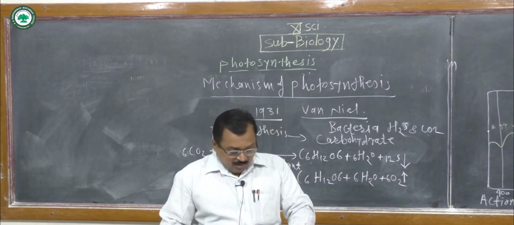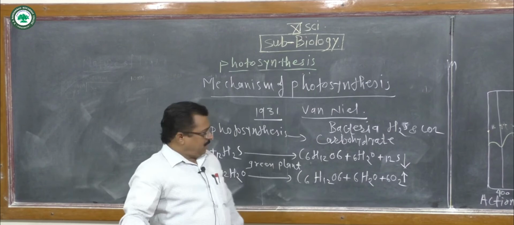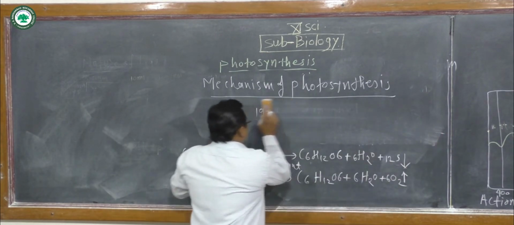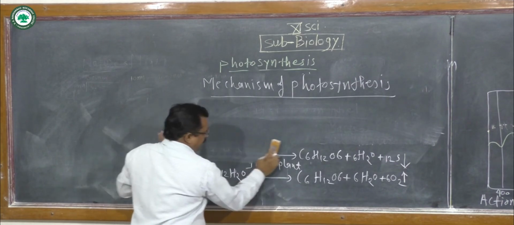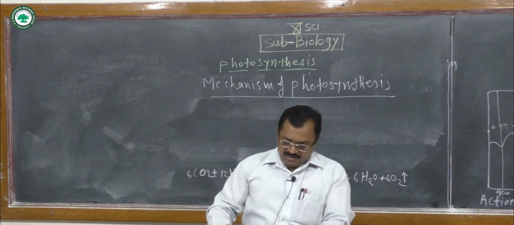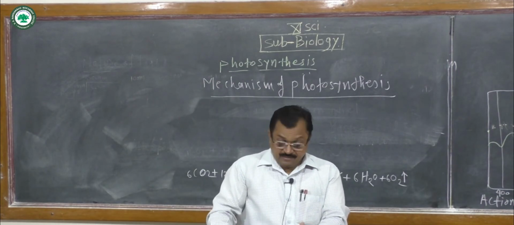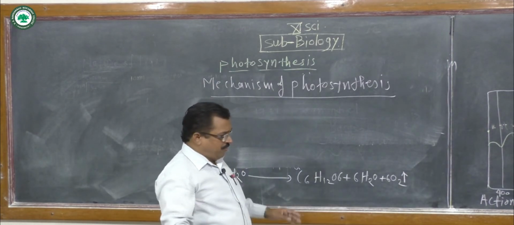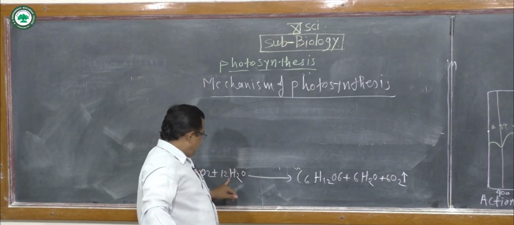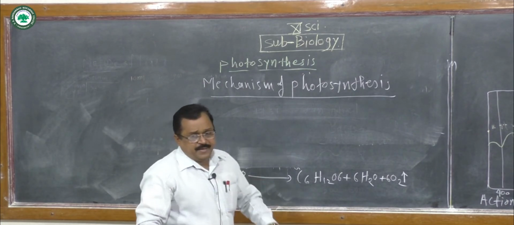Then in 1941, Ruben, that is Robert Hill, confirmed the use of water as a source of hydrogen instead of H2S.